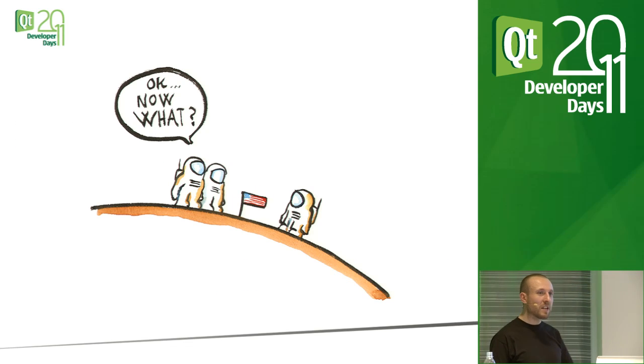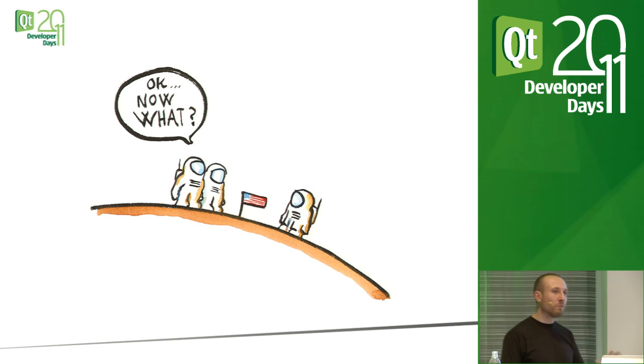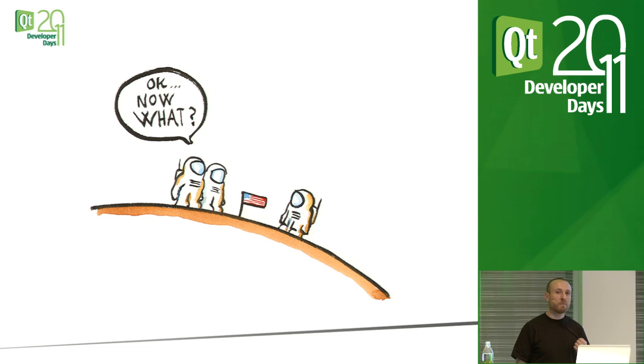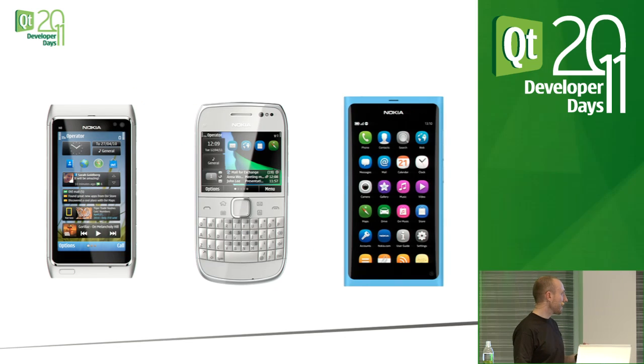Okay, so now what? I have a few more points that are basically lessons learned by making all these apps that we have for different devices. Now see, Nokia ships a whole bunch of different devices. They've been very good, I have to say.